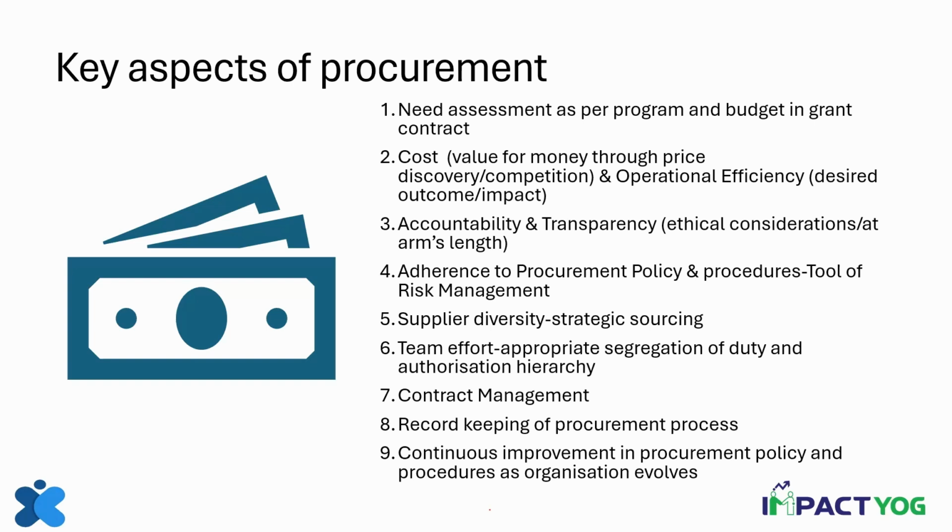So procurement has to have cost efficiency and it has to have operational efficiency, meaning that that procurement resulted in the outcome, output or impact, as the case may be. Generally, it is output because products generally result in output. Was the net such that it did not have any problems once it was installed?